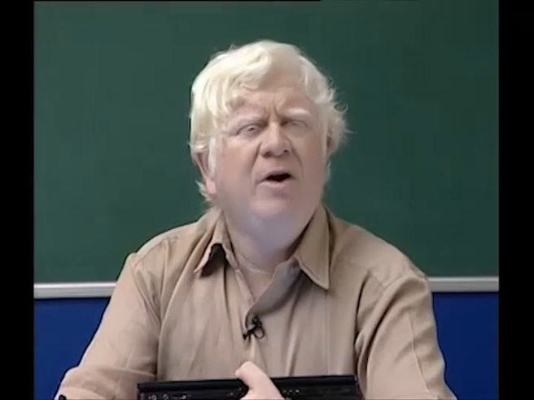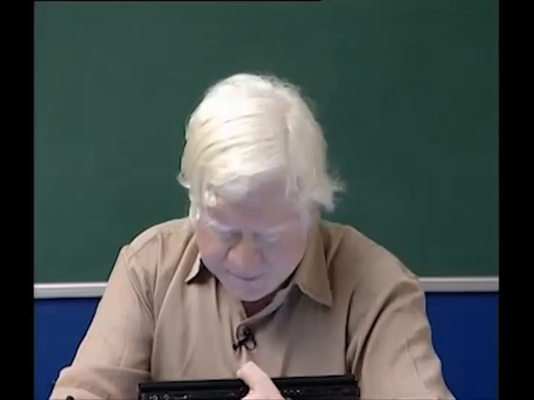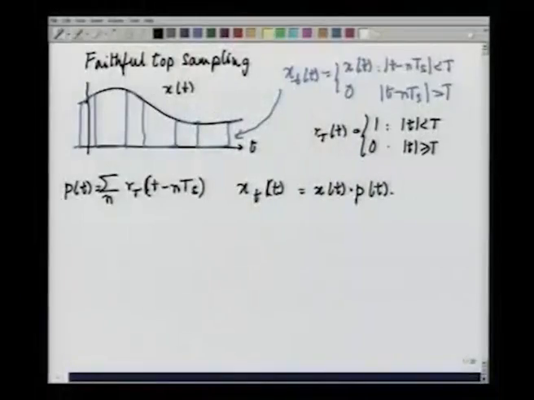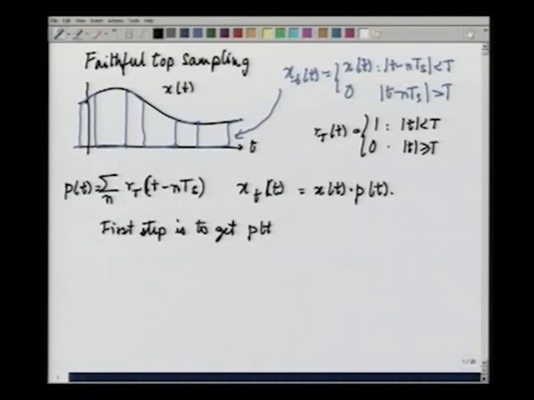But then how do we go about generating this? So, the first step is to get P t, which is a periodic repetition of the fundamental rectangular pulse r t of t.